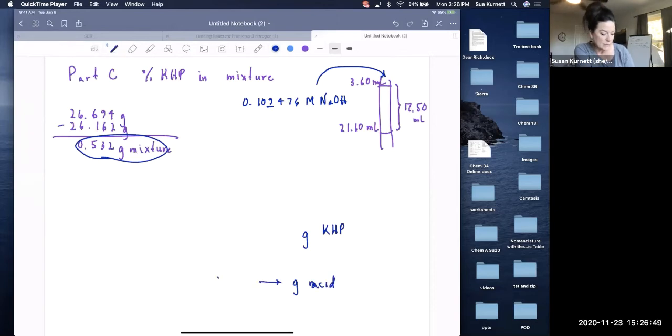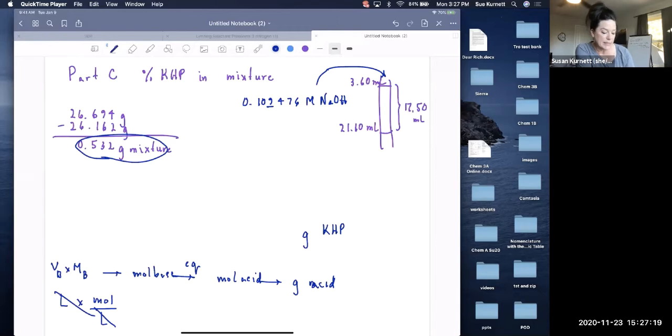I can get there from moles of acid. How do I get to moles of acid? From moles of base. What do I need to do that? A balanced chemical equation, which is part of your pre-lab. To get to the moles of base, I'm going to know the volume of base required and the molarity of base required. Volume is in liters, and molarity is in moles per liter. And when I do that, I get moles of base.